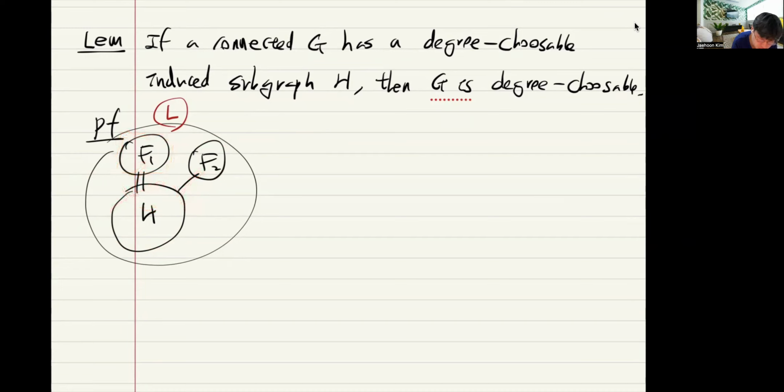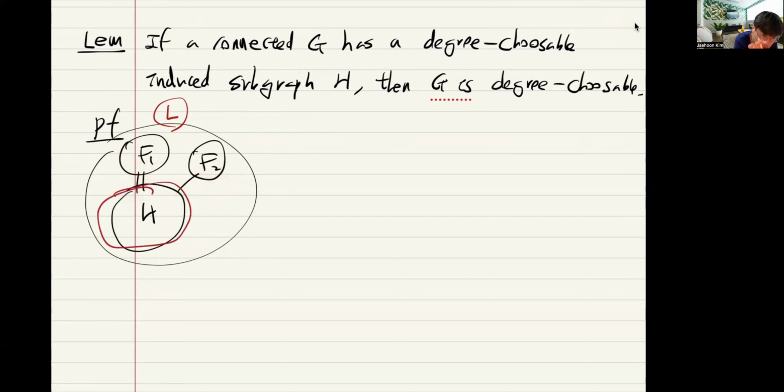Then by using A of the previous lemma, you can finish the L coloring on each component. And once all of these are colored, if this is colored by red, then you kick out red from the list here. If this is colored by blue, you kick out blue from this list. And then what do you have?